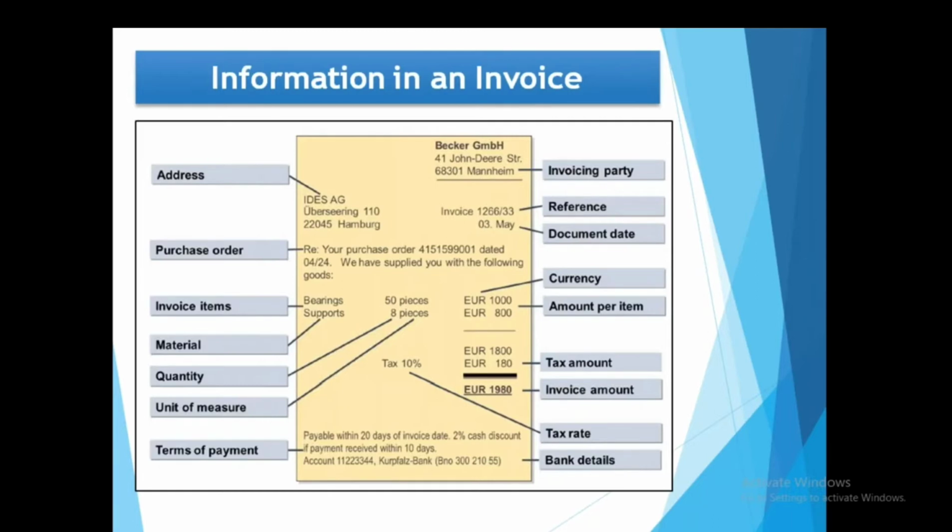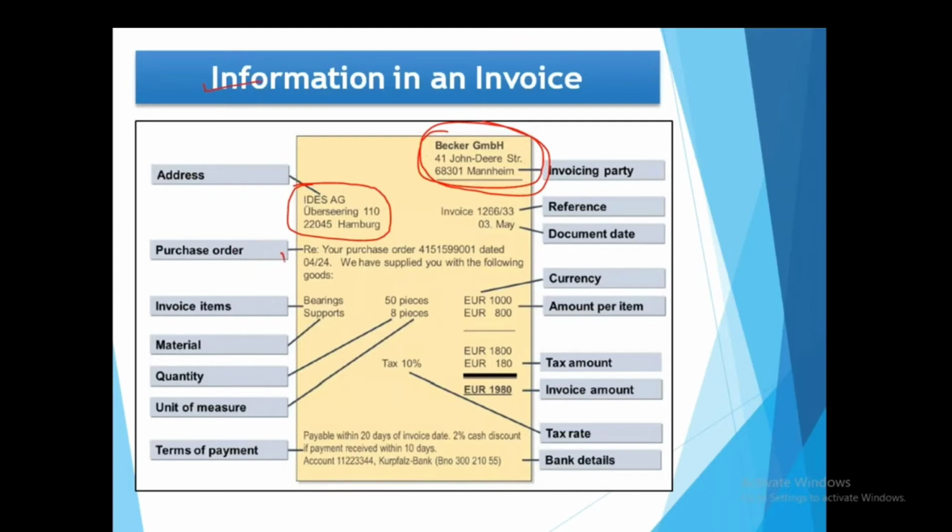So basically, what information can you see in the invoice? In the invoice you can see the invoicing party, that is the vendor name and address, and our plant address. A typical invoice will look like this.